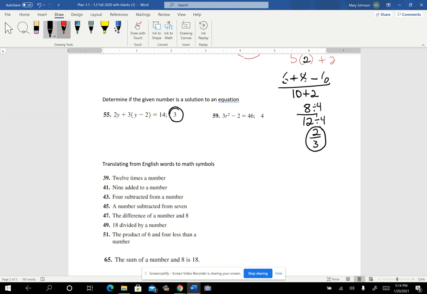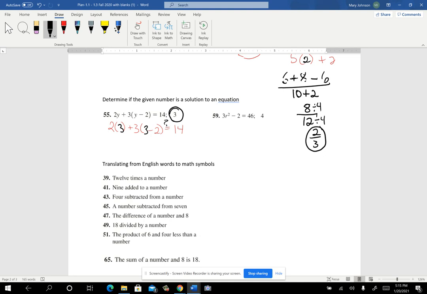All right, so what you're going to do there is you're going to put 3 everywhere there is a y. Okay, so right here and here would be a 3, and you're going to ask yourself, do you get 14 when you're finished?